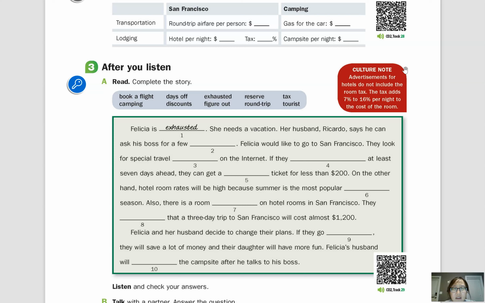So there are lots of fees that seem to be hidden, and that's why it's important to read everything carefully and make sure you know what you're paying for.